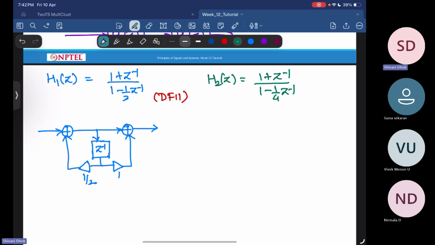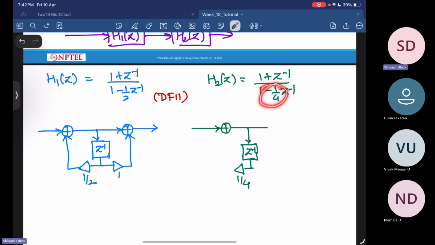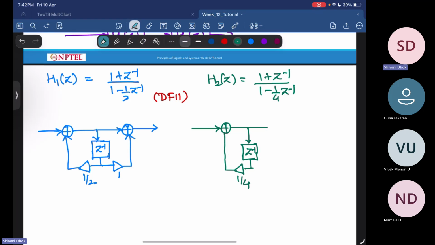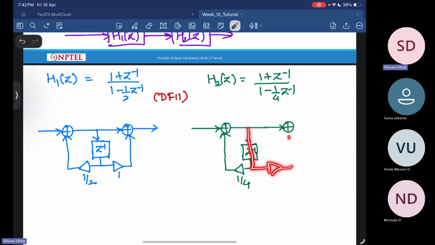And in a similar way, we can construct H2 of z. Again, we'll start with the denominator. So we'll have this adder block. Then you get a delay of 1 unit. You have minus 1 by 4 here, so that gets converted to 1 by 4. Flip the sign and you get something like this. Now in order to construct the numerator, you have 1 plus z inverse, so z inverse and a gain of 1 like this.